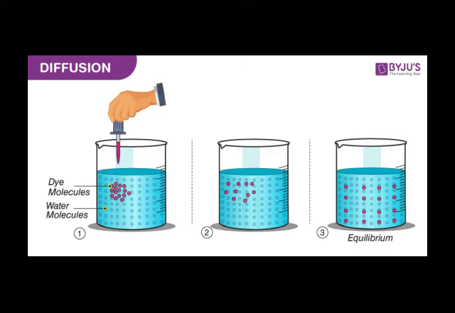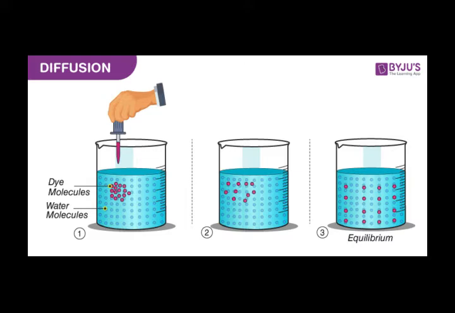So diffusion is a process which continues until a state of equilibrium is reached. This diffusion will continue until it reaches a stable state of equilibrium. So what are the characteristics of the phenomenon of diffusion?